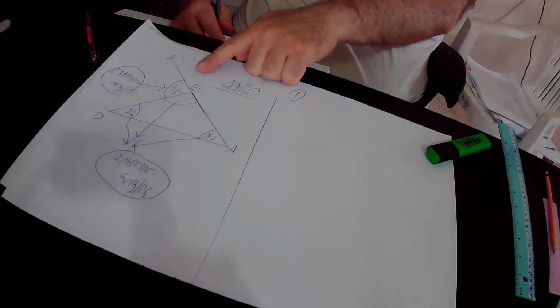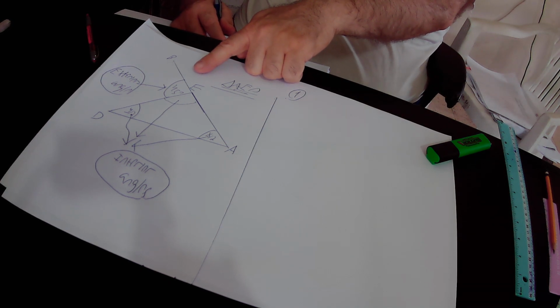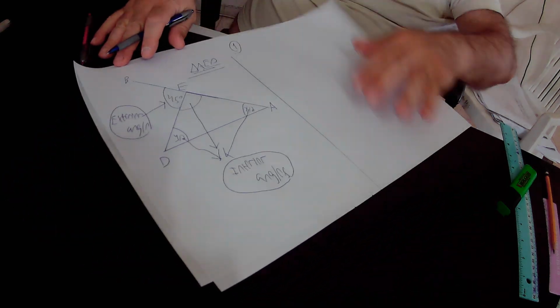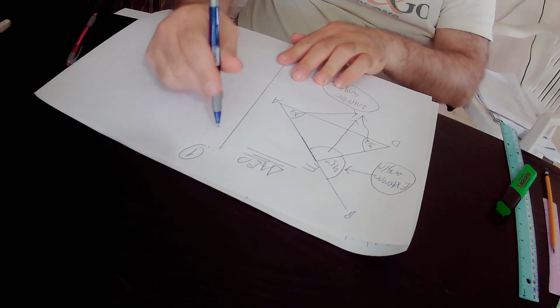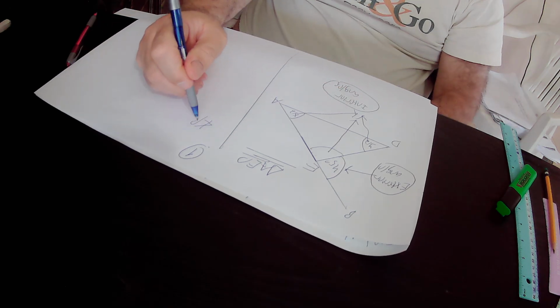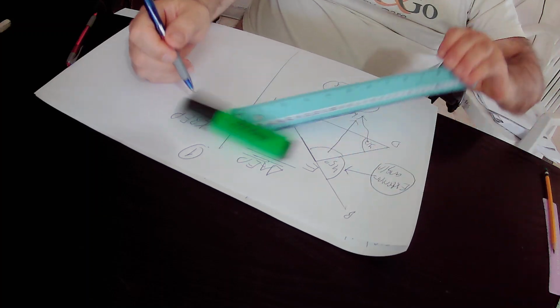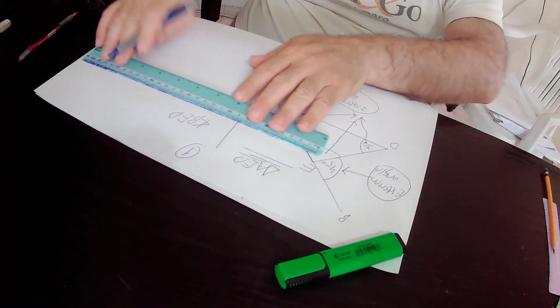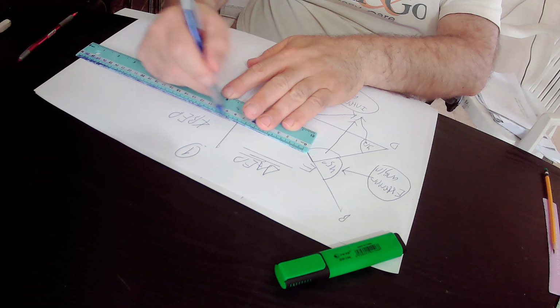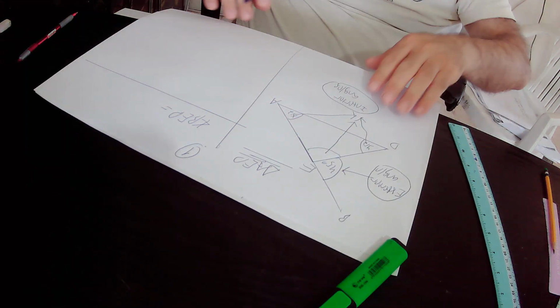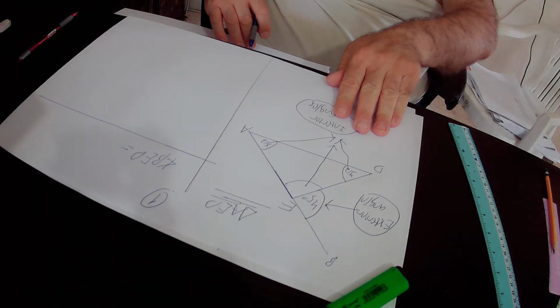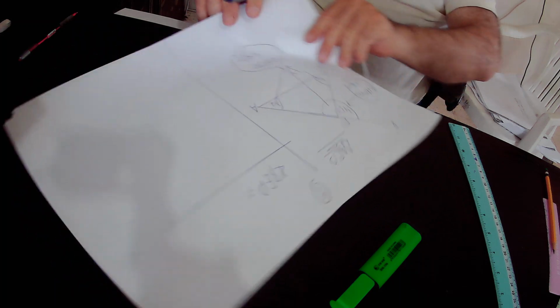this is the external angle, angle BED. And according to rule 4, the size of the external angle BED is equal to the sum of the two internal angles that are not adjacent to it.